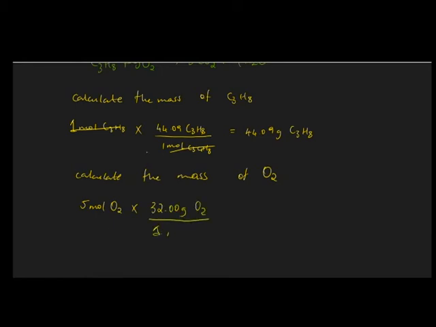This is for each mole of oxygen, so that will cancel out, and then we have 32 times 5, 160. This is 160 grams of oxygen in this equation.